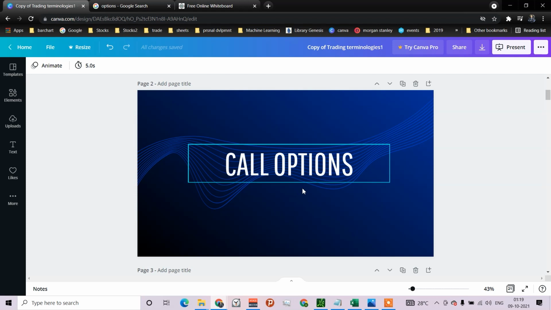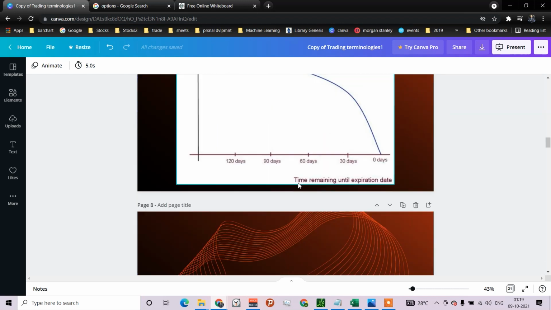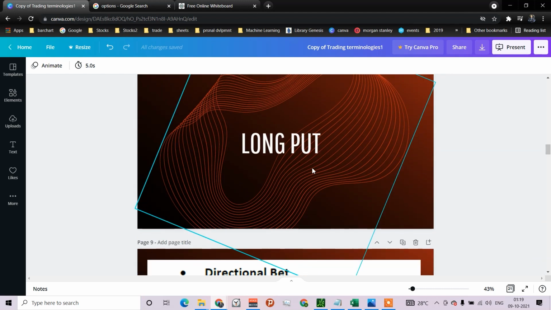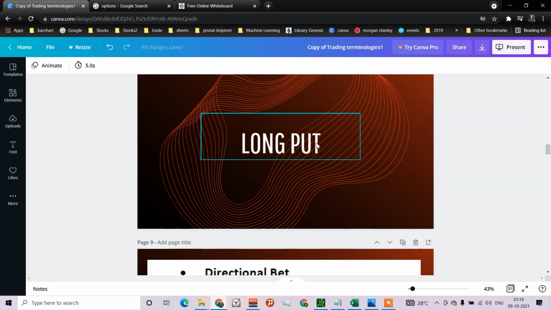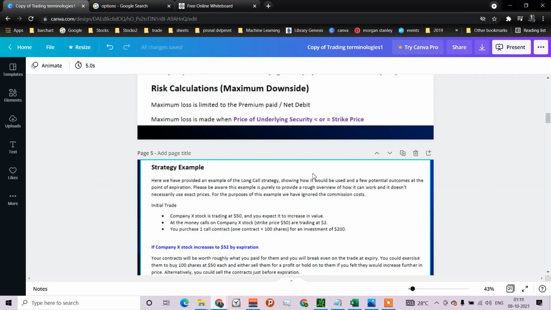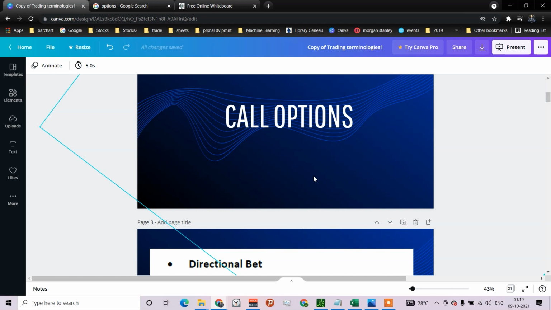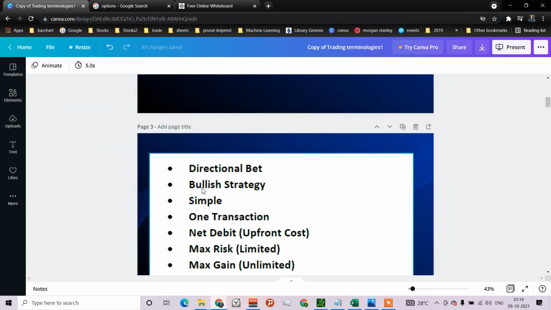So that is your call option. When it comes to the put option, as you can see here, we'll be discussing all these things. With a put option, you have the right or the obligation to sell the 100 shares.